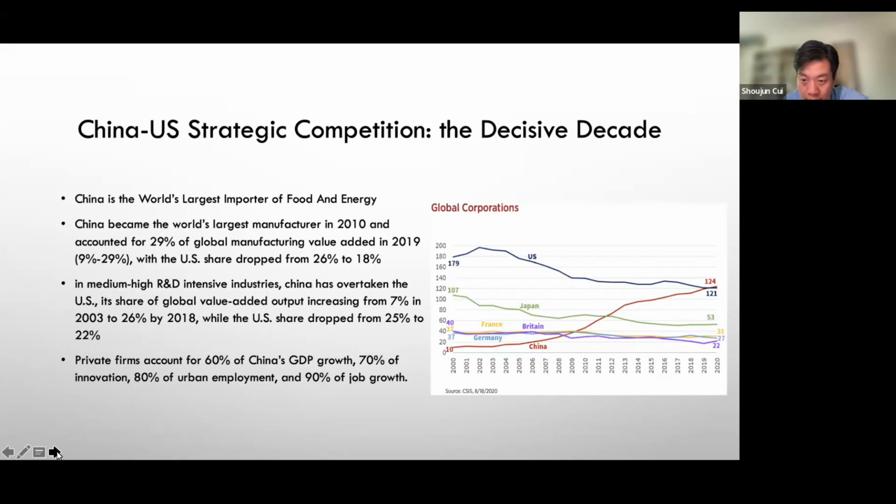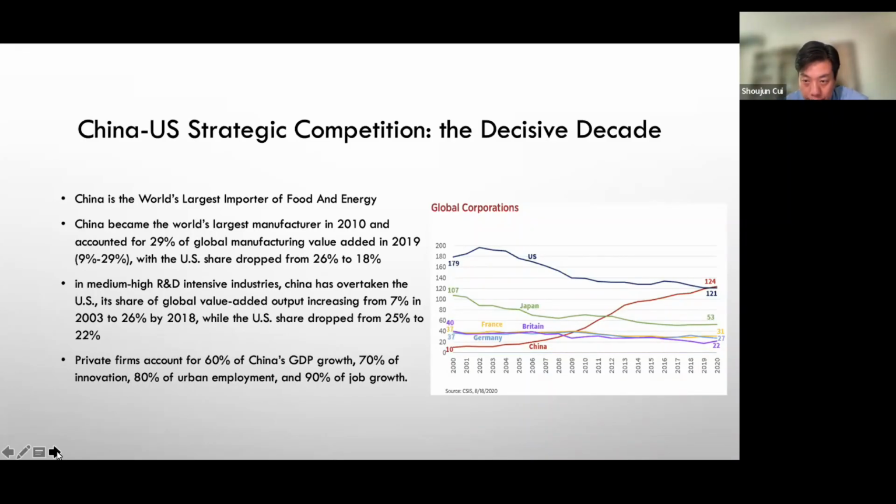However, after the global financial crisis in 2009, you can see the curve coming up steadily and sharply. And last year, there were 124 Chinese companies listed in the Fortune 500. Please note that Taiwan companies are not included in this number.